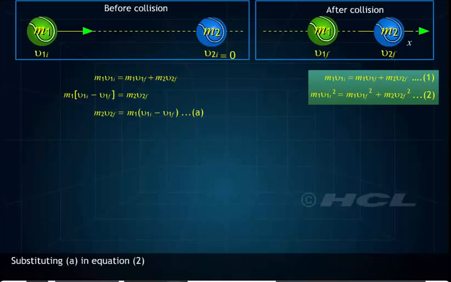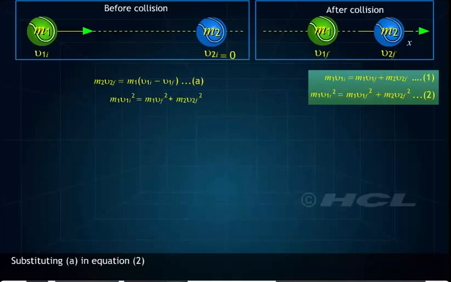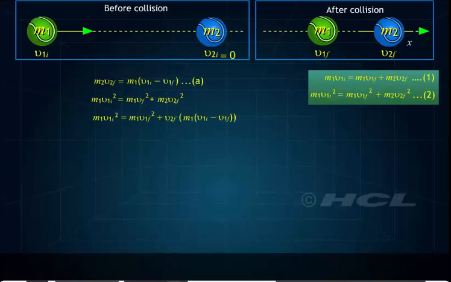Substituting equation A in equation 2, m1 v1i square equals m1 v1f square plus v2f into m1 into (v1i minus v1f).